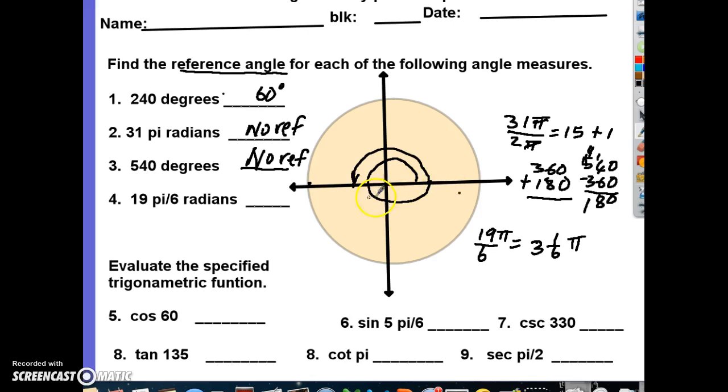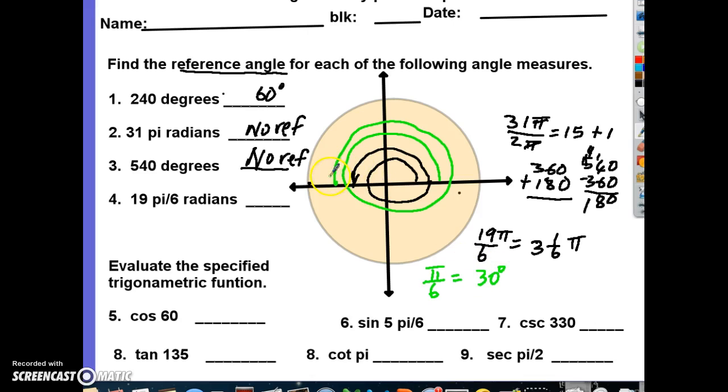3 pi would bring up, let me maybe use another color because I'm not sure how to erase this without losing everything. So here we go. If I go in green, that would be 2 pi, 3 pi, and then 1/6 pi, and that pi is 180, so 180 divided by 6 is 30.